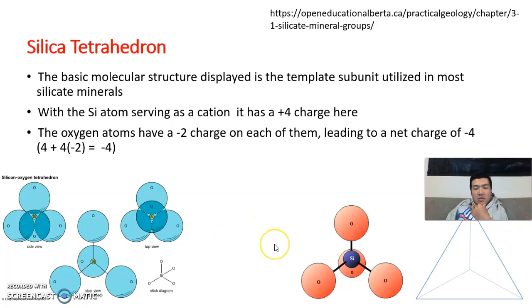It would not be neutrally charged even though there's 4 oxygen atoms and a central silicon atom, which is weird, right? But it's just the way it is and the way it bonds.